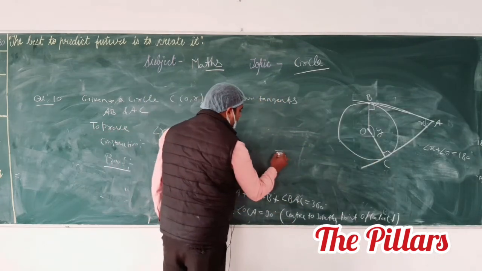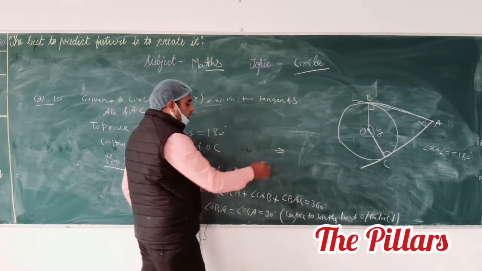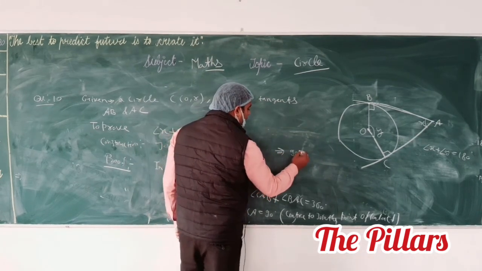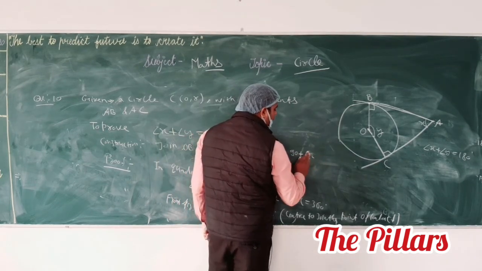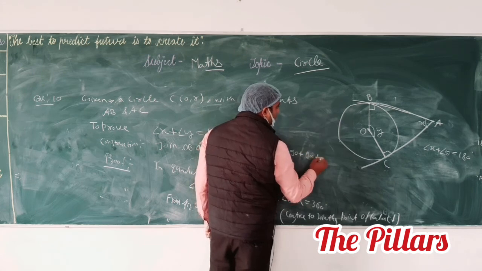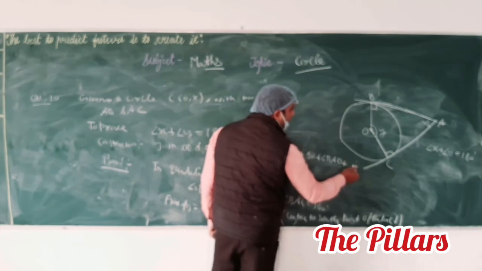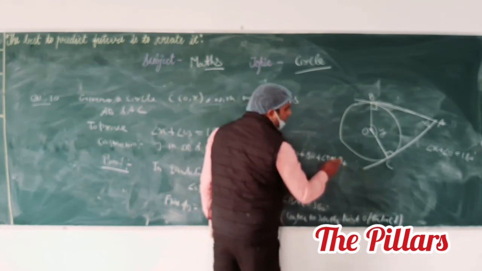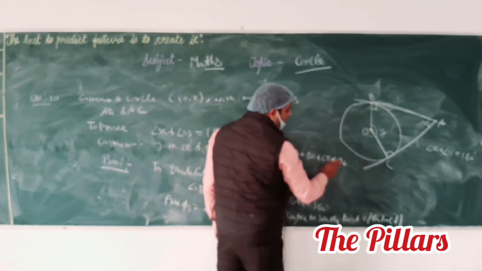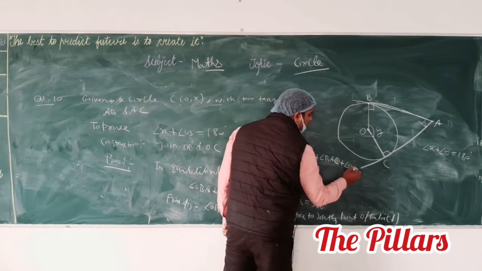This implies that for the remaining angles you have to put the values: angle OBA 90 plus angle OCA 90 plus angle BAC plus angle COB.